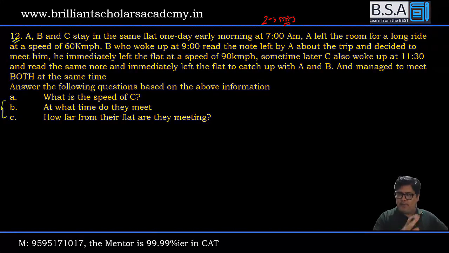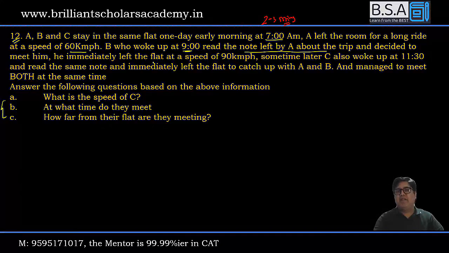So observe how the information is framed. A, B, and C stay in the same flat. One day, early morning, 7 a.m., A left the room for a long ride at a speed of 60 kmph. B woke up at 9 a.m., read the note left by A about the trip, and decided to meet him.